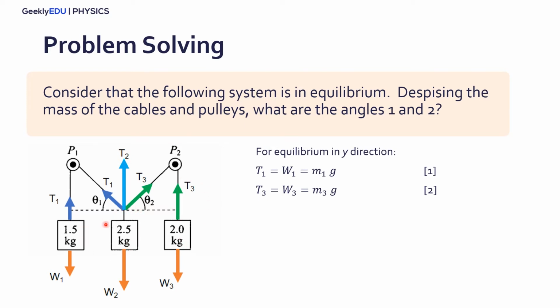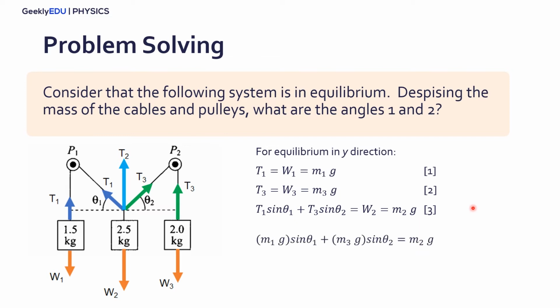Now for block number 2, we know that these tensions are transferred through the cable. And because everything is in equilibrium, we know that the weight of block number 2 is the sum of the tensions 1 and 3 in the y direction.